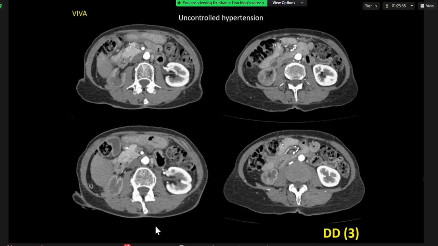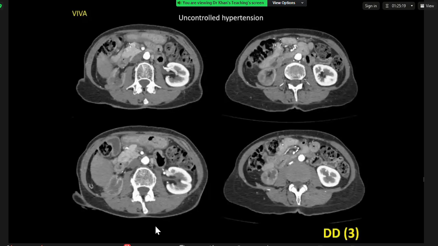So, uncontrolled hypertension. These are 4 axial images of early phase contrast CT. I can see that the right kidney is hypo-enhancing in comparison to the left side.